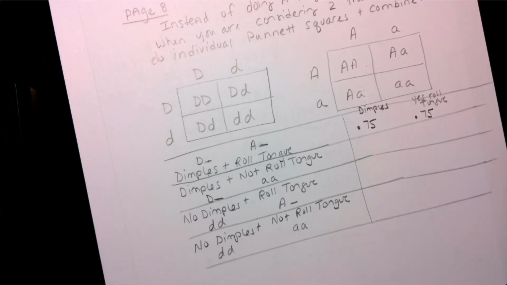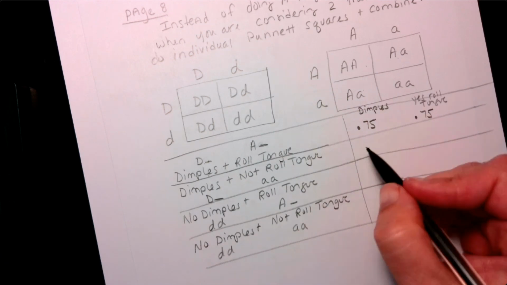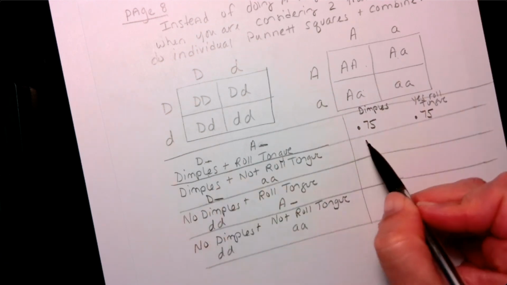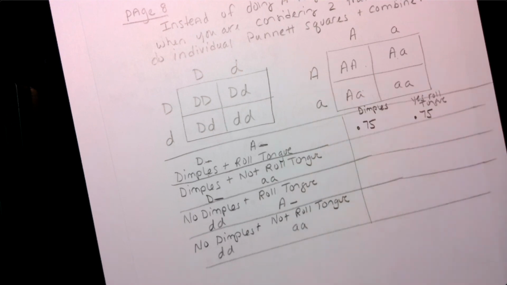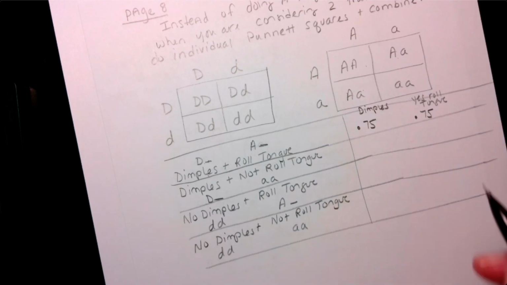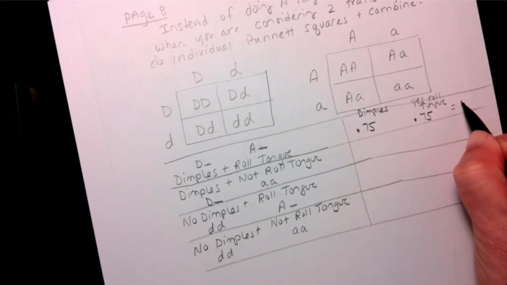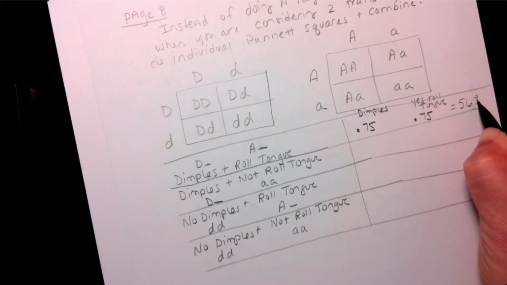We put it into a calculator, and we are going to get about 56% likelihood of having that.